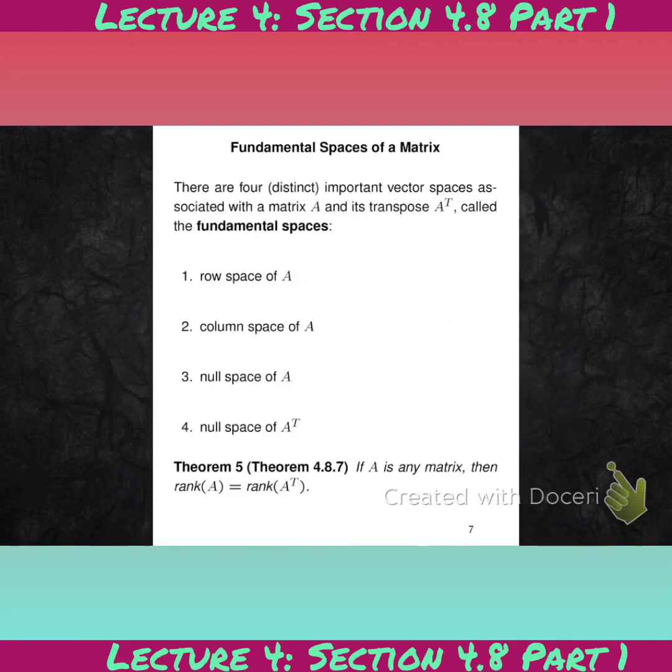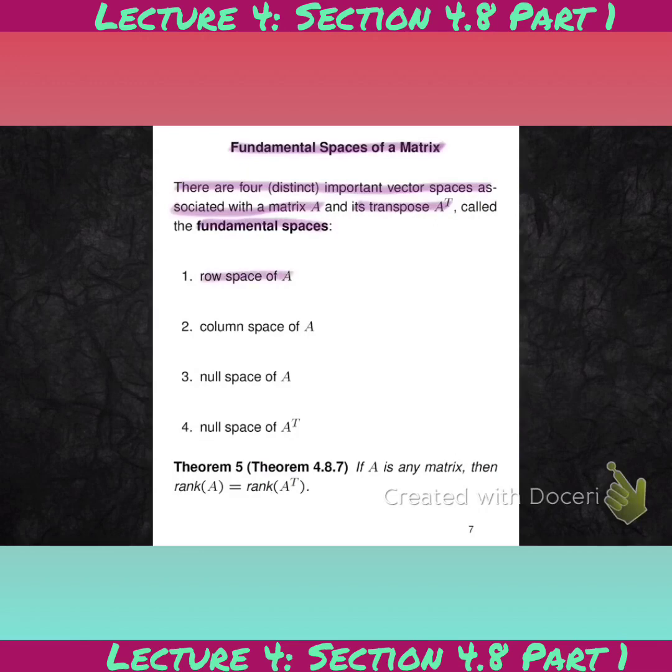All right, so the next part deals with fundamental spaces of a matrix. There are four distinct important vector spaces associated with any matrix and its transpose. And these are called the fundamental spaces. Which are they?